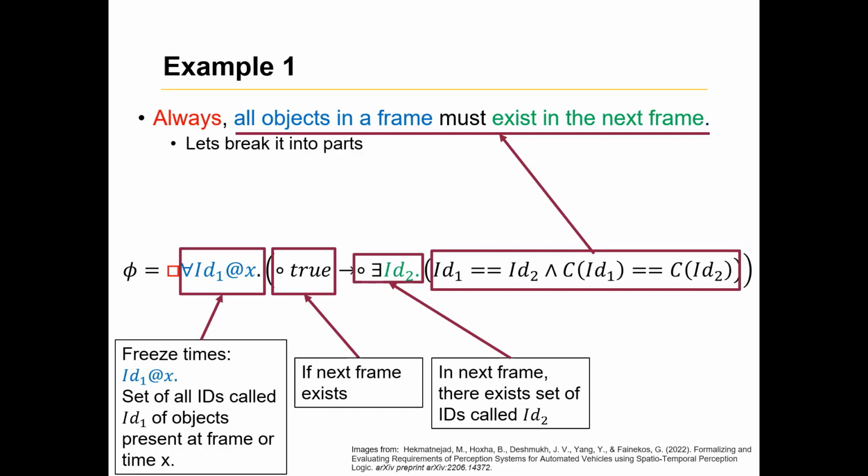My doubt is that in the previous example, the pedestrian walking along the street was disappearing in this frame and appearing again in the next frame. I thought that is a problem existing in the current perception system. Yeah, that is the problem that we're trying to tackle.